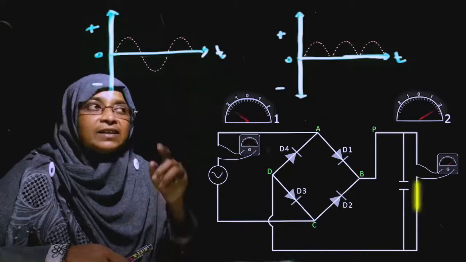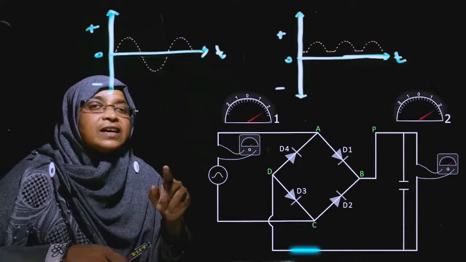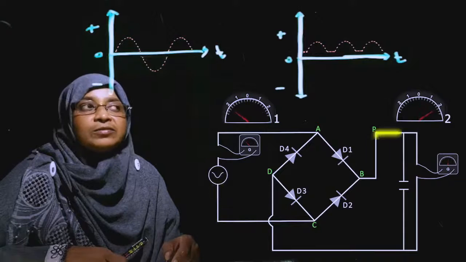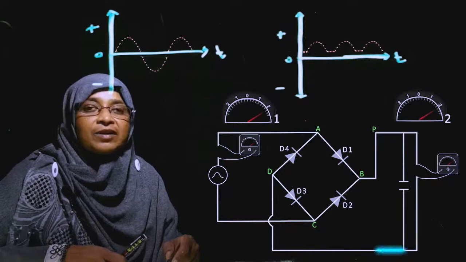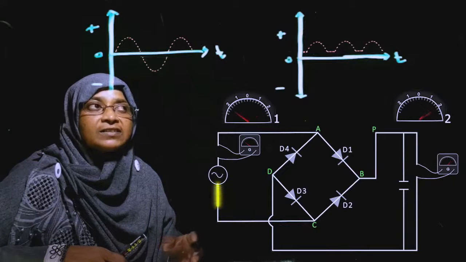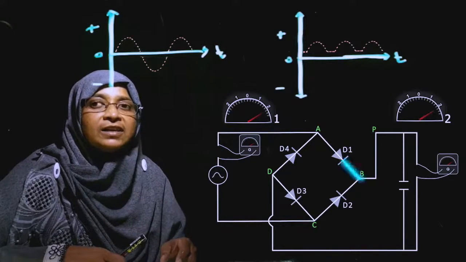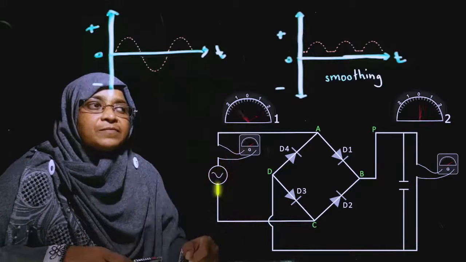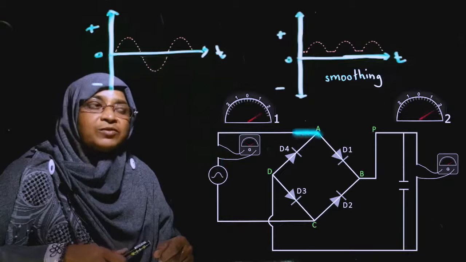Then when the current drops down to 0 is avoided. Although there is a reduction in the current flow, the 0 situation is avoided. This can be shown in the graph like this. Now this is rectification with smoothing.